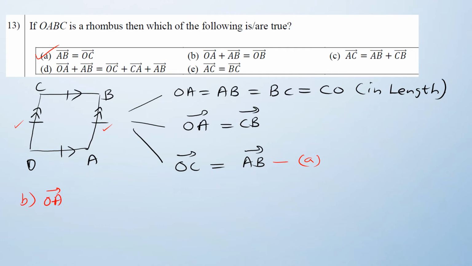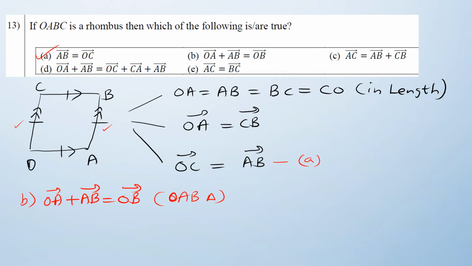OA vector plus AB vector equals OB vector. So when we focus on OAB triangle, we can apply vector addition by using this triangle.